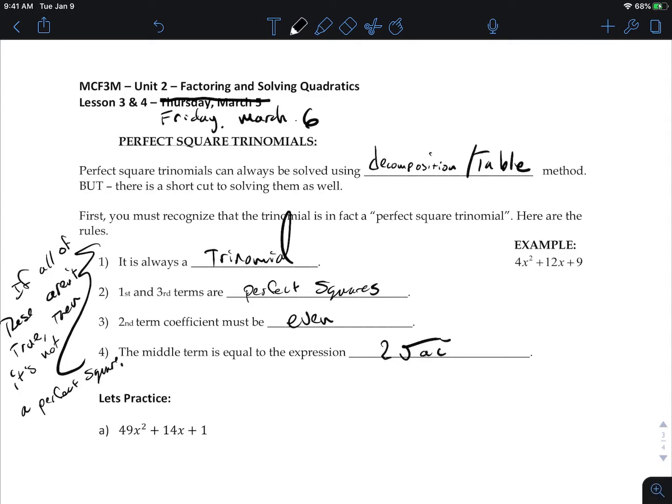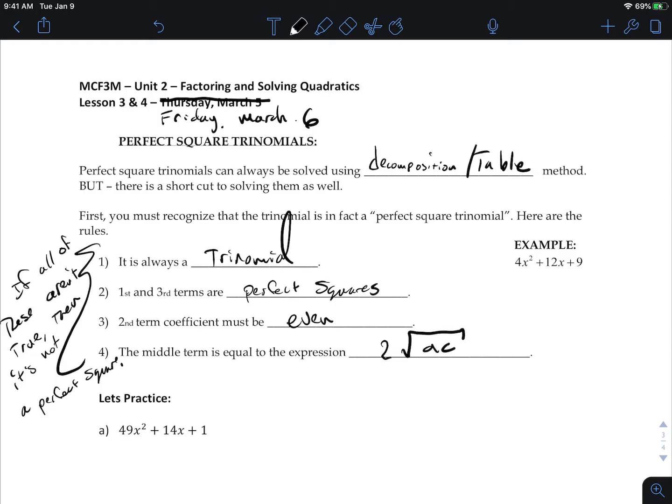Yeah, Ian? Yeah, here, I'll write that later. So it's A times C square rooted, multiplied by 2. That'd be the order you do it, right? So I could check that. We can check that, okay?